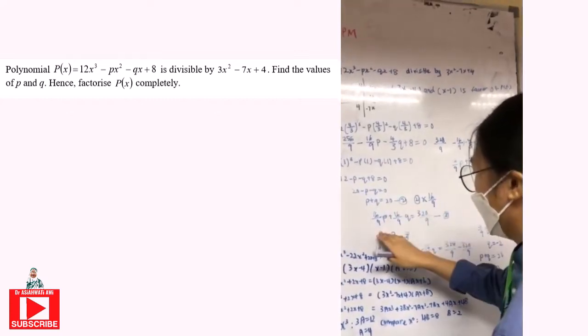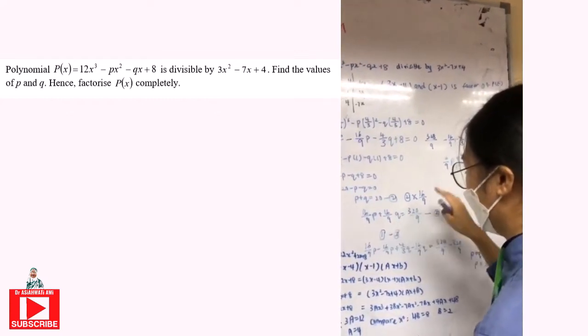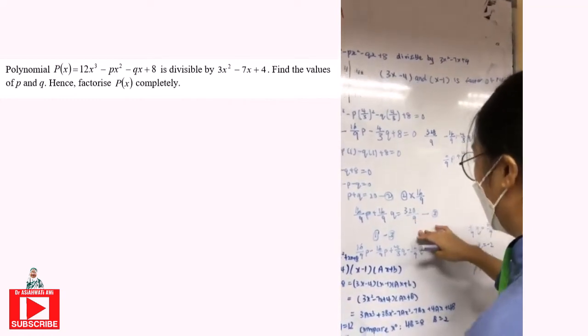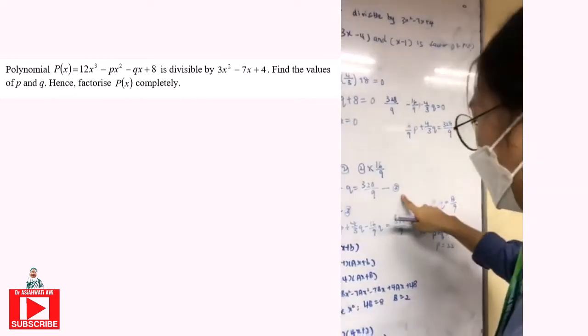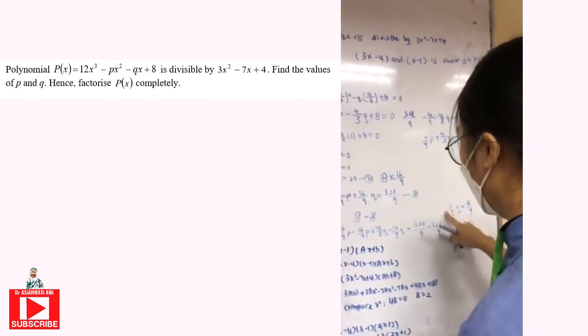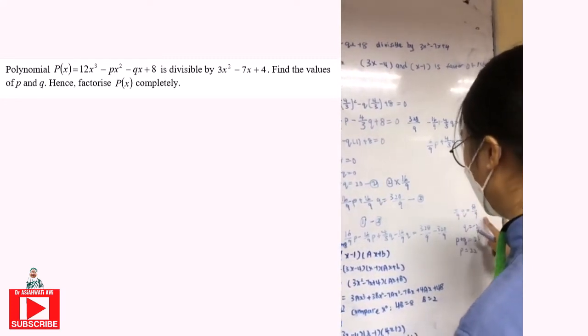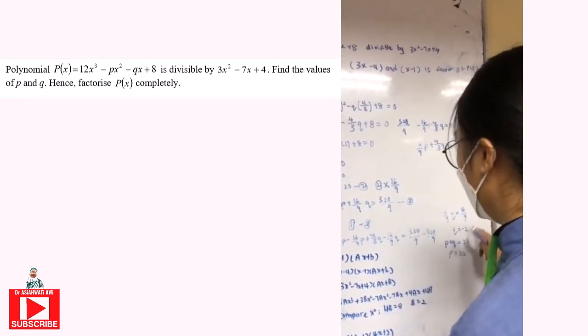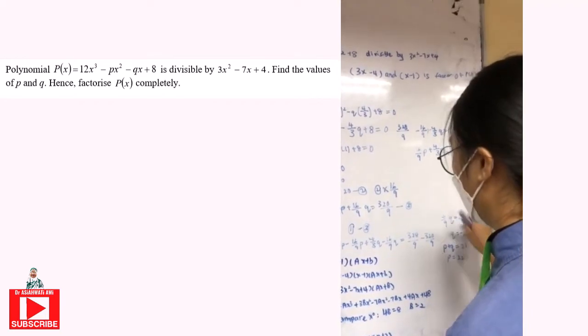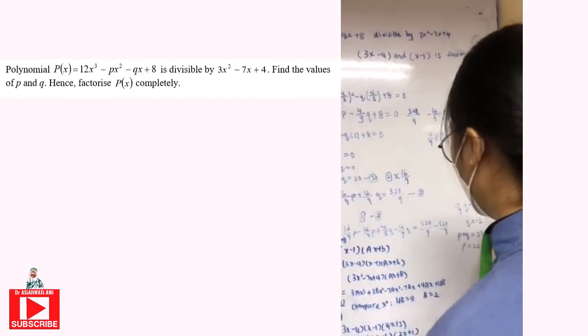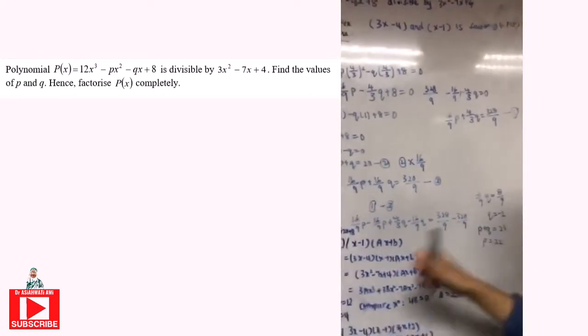Then we will get 16 over 9 p plus 16 over 9 q equals 320 over 9. Then we can use equation 1 minus equation 3. We will get negative 4 over 9 q equals 8 over 9, so q equals negative 2. Then we substitute q equals negative 2 into equation 2. p plus q equals 20, so p equals 22.